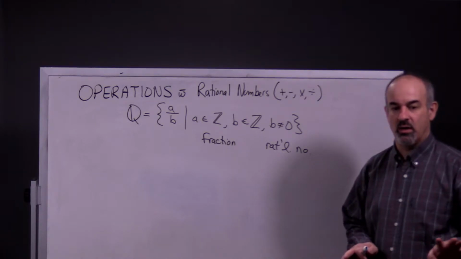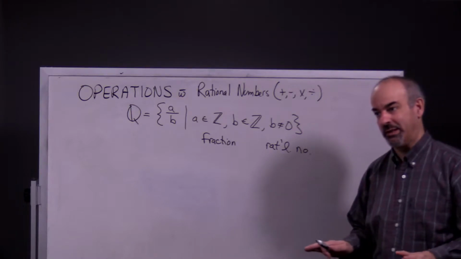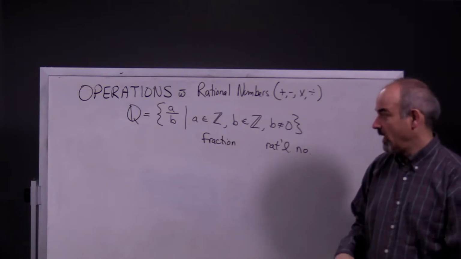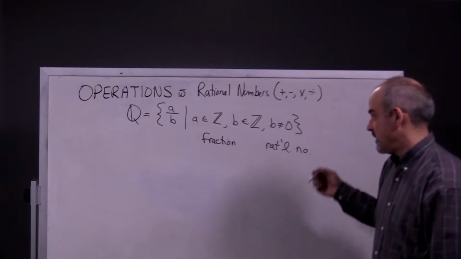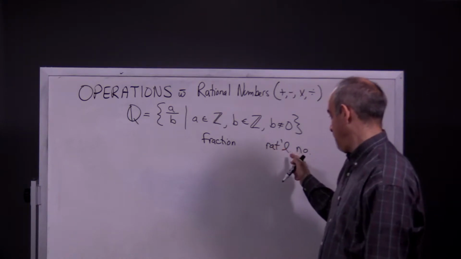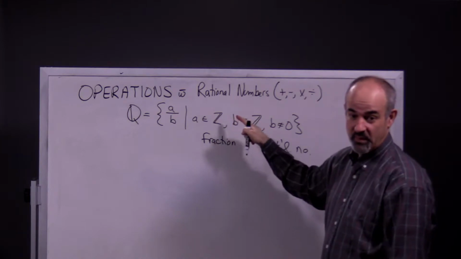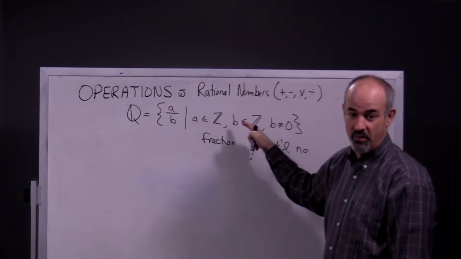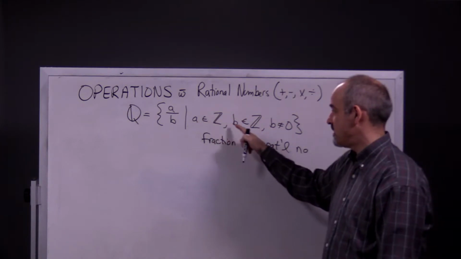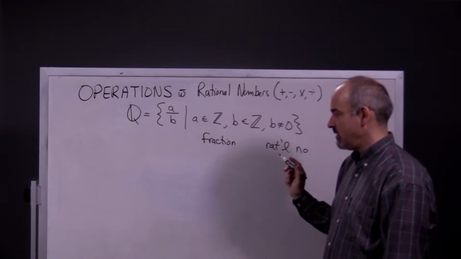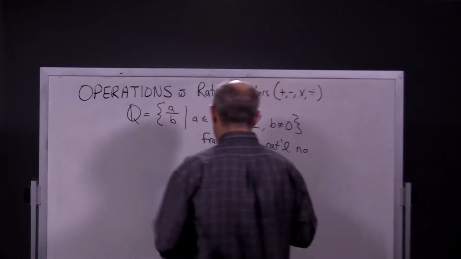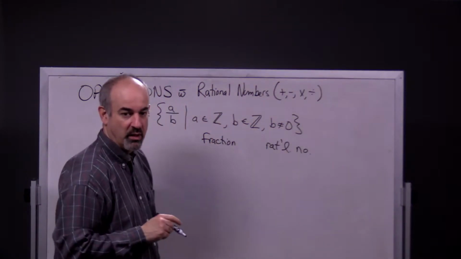In this video, though, or pretty much any other video, if I use the word fraction, I really mean rational number. There is a difference. A rational number is A over B, such that A is an integer, B is an integer, but B cannot equal 0. A fraction is any number over any other number.